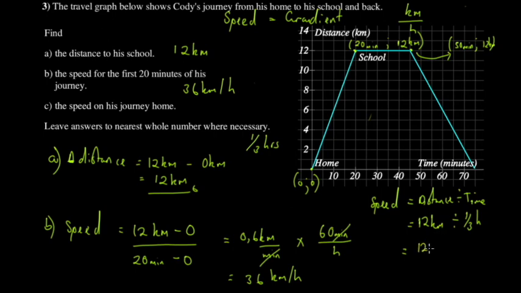So it would be 12 kilometers multiplied by 3 over h, and you get 36 kilometers per hour. But I don't advise you to use this, because sometimes you have to highlight the concept of gradient. And if this is not starting at 0, it can become really messy. So I advise you to just use the other method, and then you'll be fine.